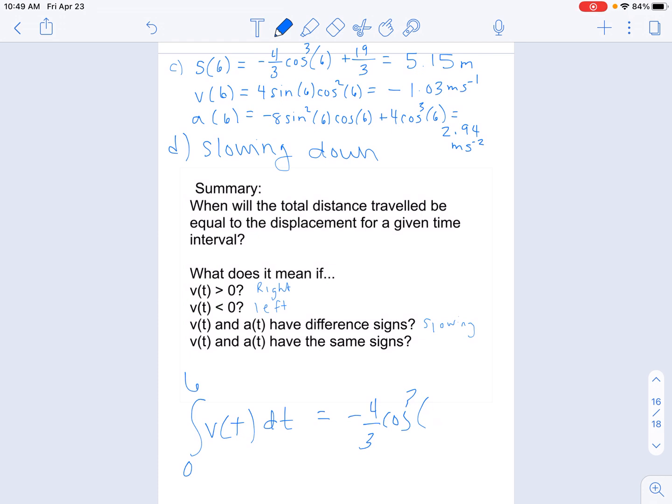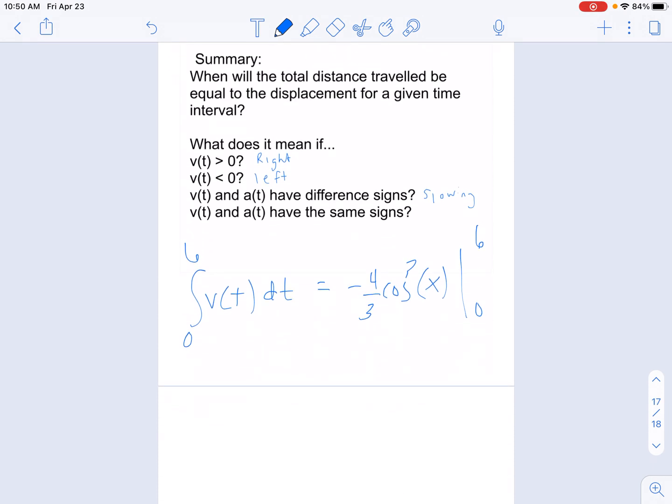So I'm going to do negative 4/3 cosine cubed of 6.